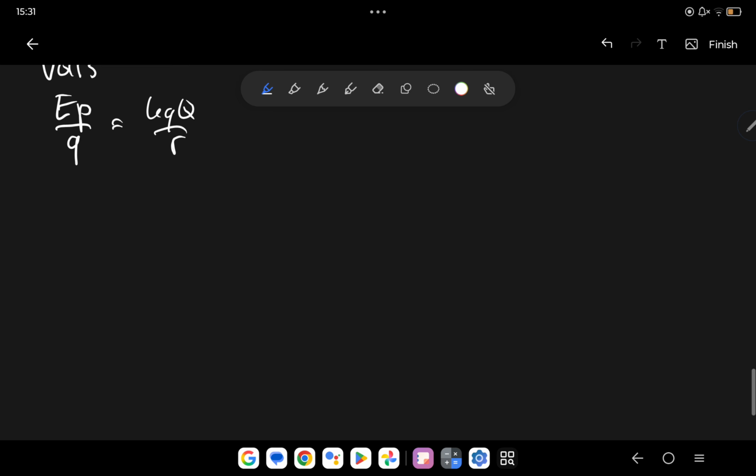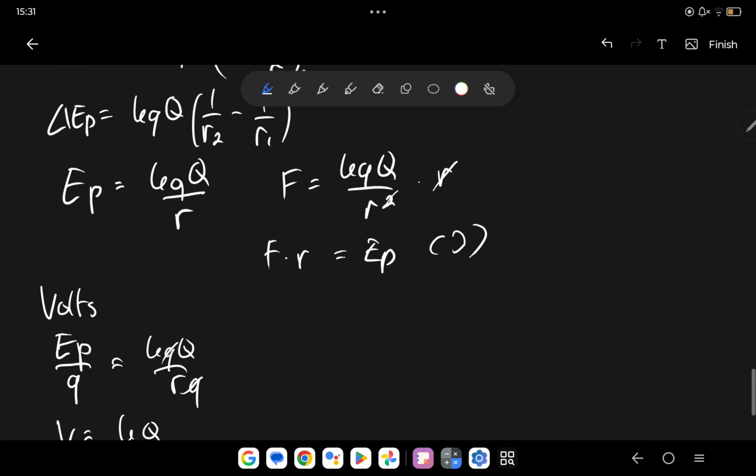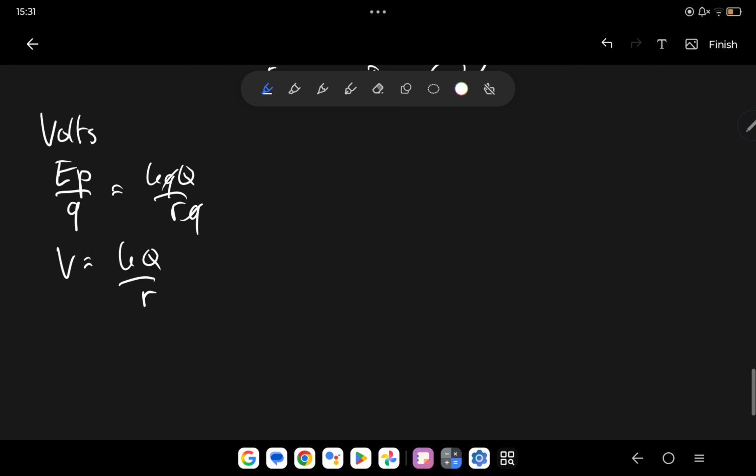And then this Q, cross that out. So V is equal to KQ over R. Okay, yeah, that's it. It's still the same. R is still the distance between two charges or two points.